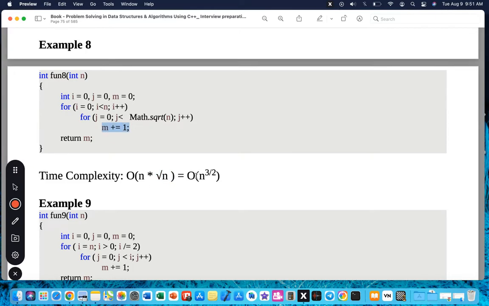So the time complexity is n times the square root of n, and this equals n to the 3/2, because this is a half.